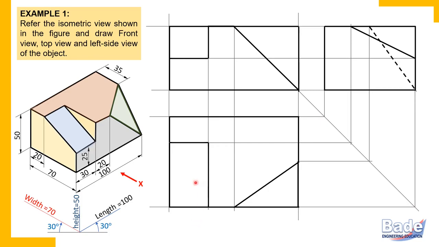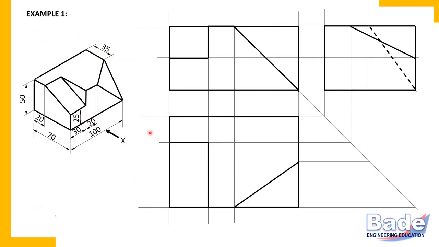Okay. Now, how to insert dimensions? Try to understand. 30 millimeters parallel to length, this length. 20 millimeters parallel to length. This is chain dimensioning. Dimensions in series. Remember this. Dimension line is a thin line. Arrows are elongated and filled.